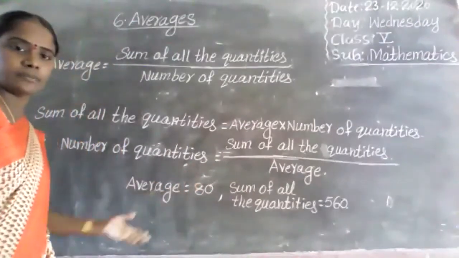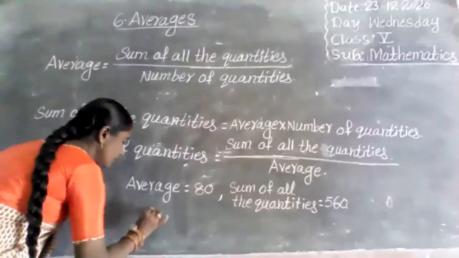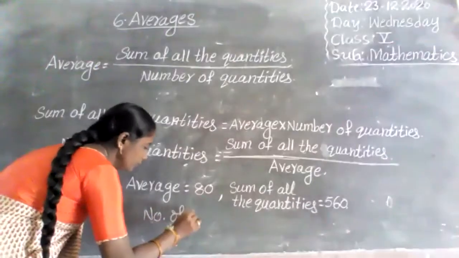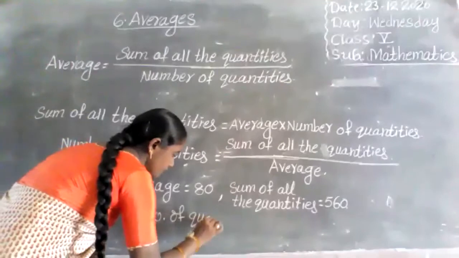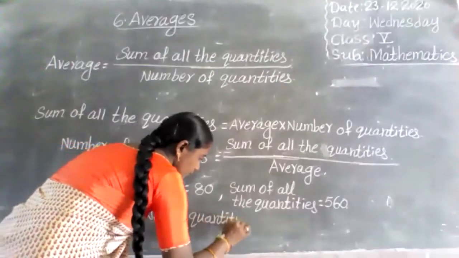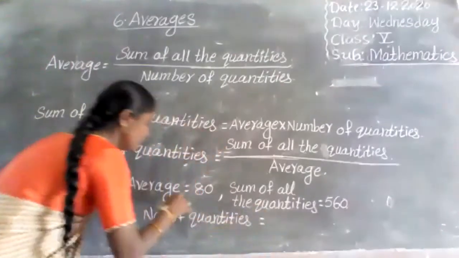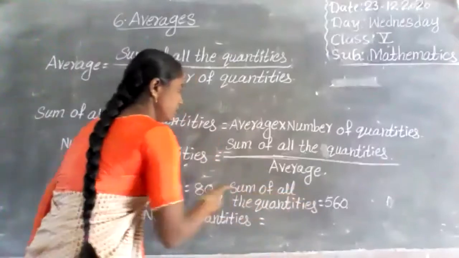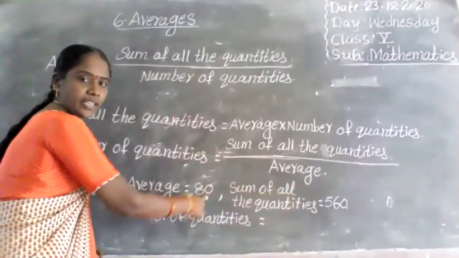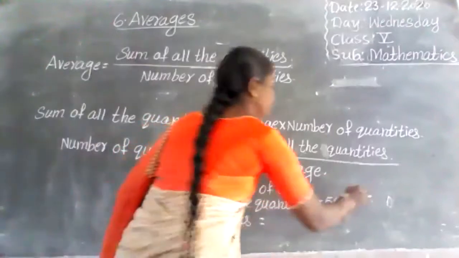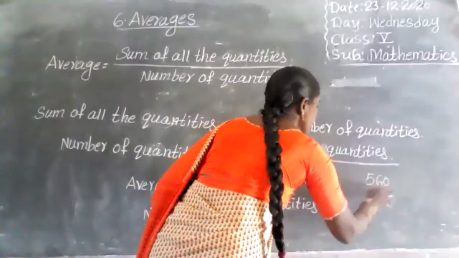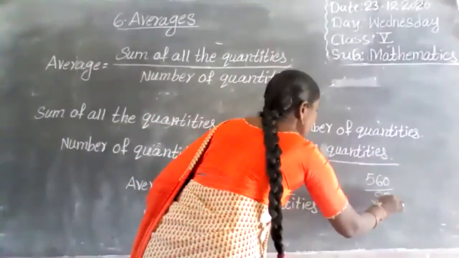Number of boys. What do we do? Number of quantities means 560 by 80. Then we get the answer.